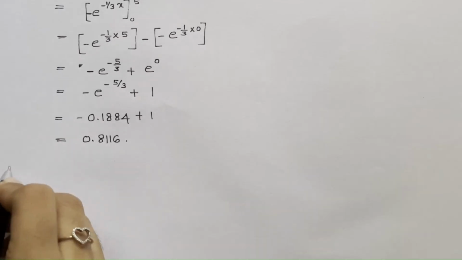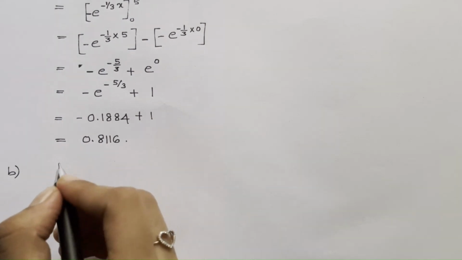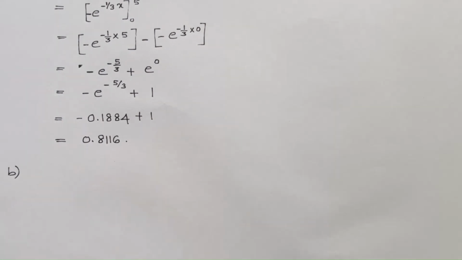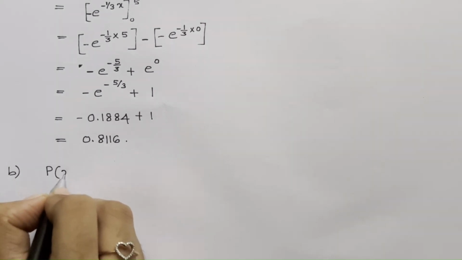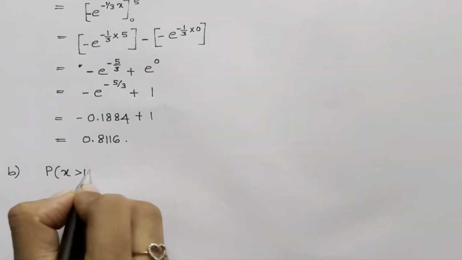Now, we have to find out the probability that no customer arrives for the next 10 minutes. That is, the time span of arriving of a customer is greater than 10. Therefore, we have to find out P of x greater than 10.